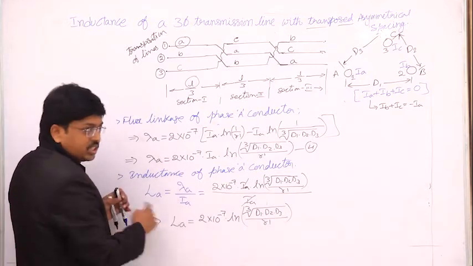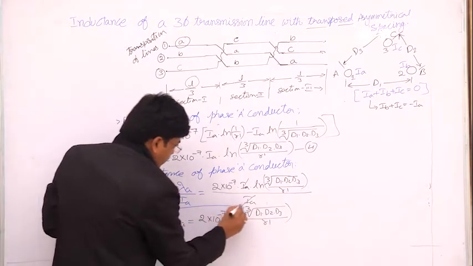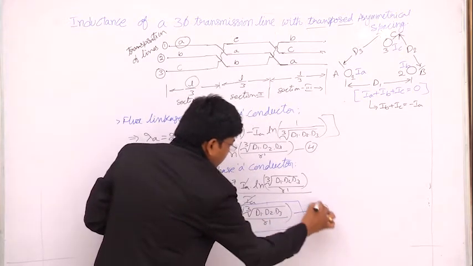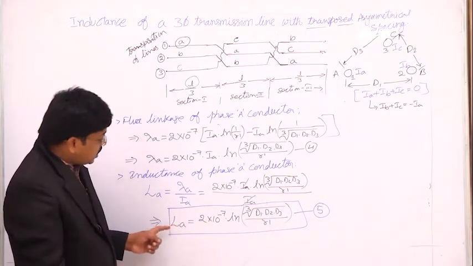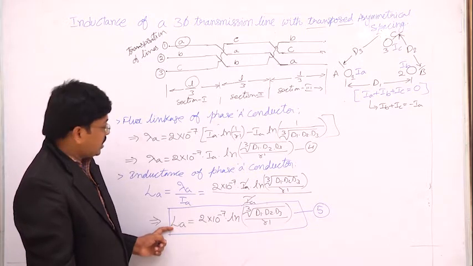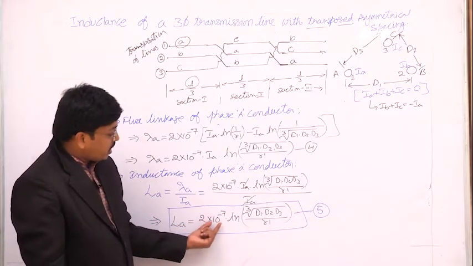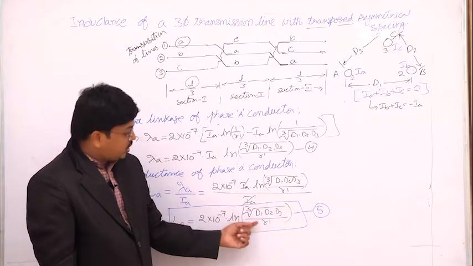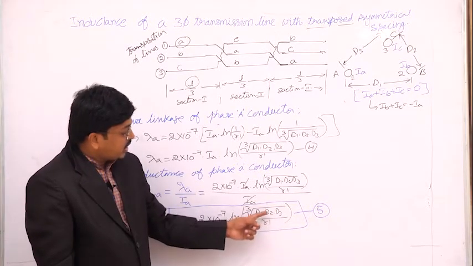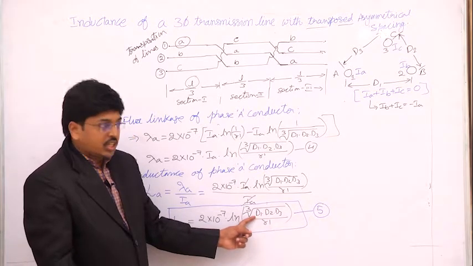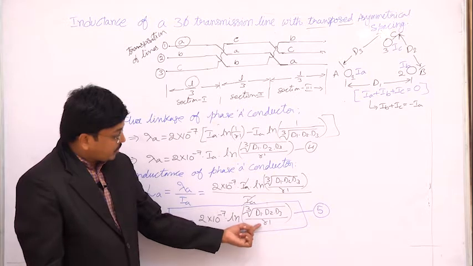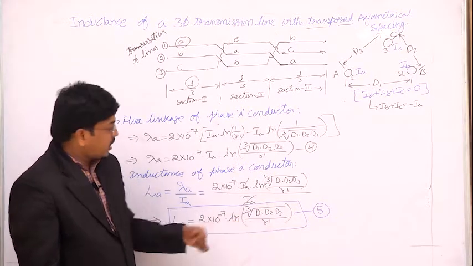Okay. So this is the resultant inductance of a phase A conductor. We take it as equation 5. This is the inductance of phase A conductor, where D1, D2, D3 are the distances between conductors AB, BC and CA, whereas R dash is the fictitious radius of each conductor.